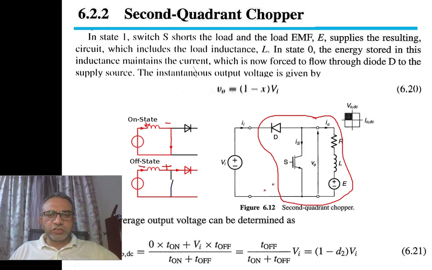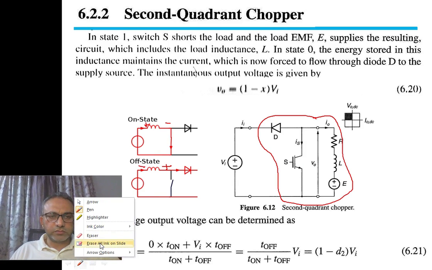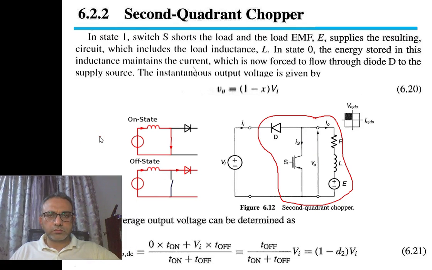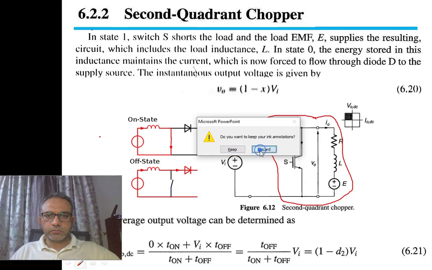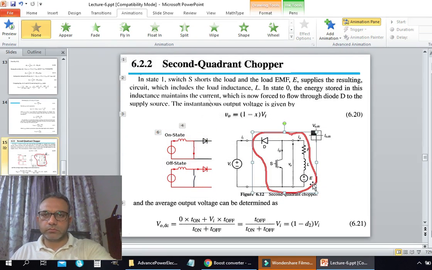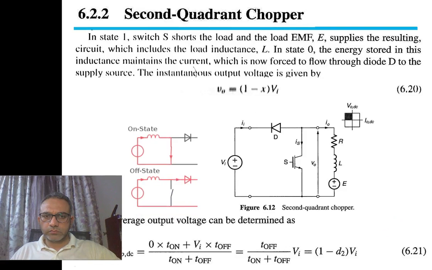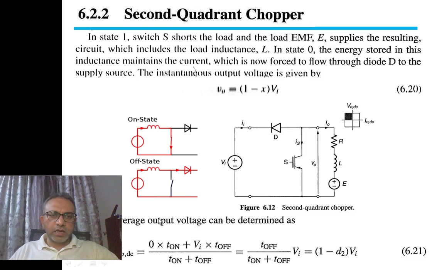When we short circuit the switch, let us see how figure 6.12 works as a DC boost converter.